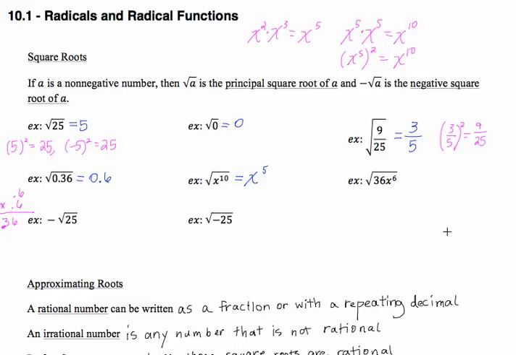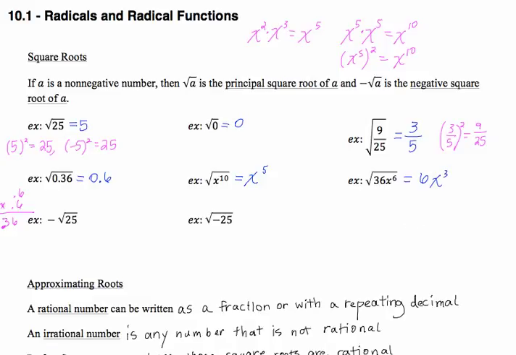Okay, this next one has a number and a variable, but the same process applies. Square root of 36 times x to the 6th. You would ask what quantity squared equals that? Well, we know 6 squared is 36, so that's part of it. And then the variable, as you can tell from the other problem, must be half of the exponent, so it must be x cubed.